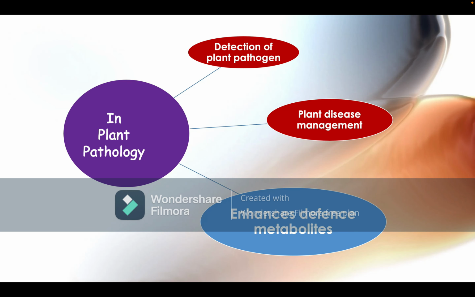As a plant pathologist, I'm more interested in how this science can be better utilized in plant pathology. Nanotechnology can be used in plant pathology for detection of plant pathogen, plant disease management, enhancing plant defense metabolite, and many more.